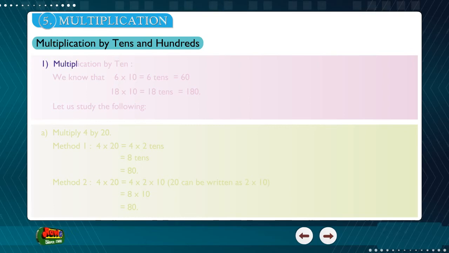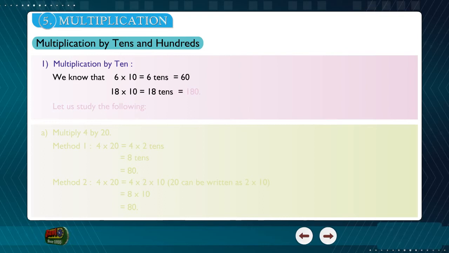1. Multiplication by 10. We know that 6 into 10 is equal to 6 tens is equal to 60. 18 into 10 is equal to 18 tens is equal to 180. Let us study the following. A. Multiply 4 by 20.